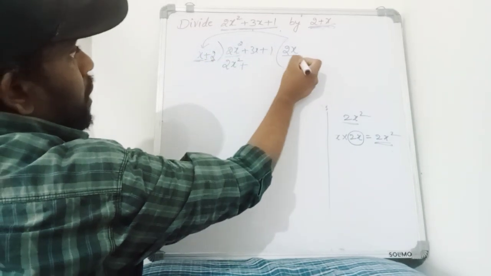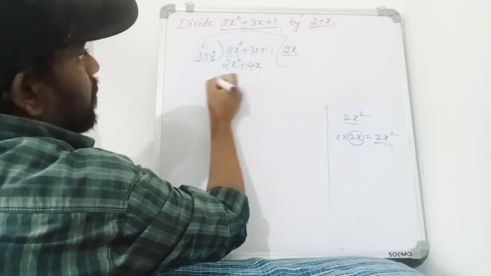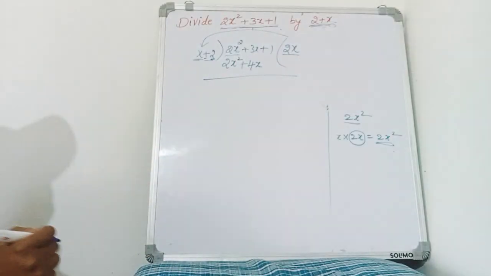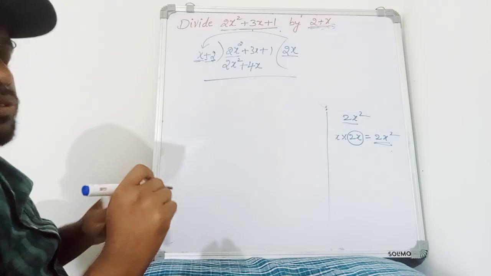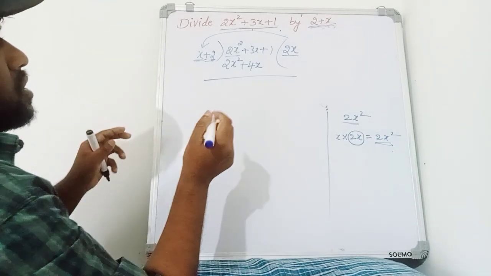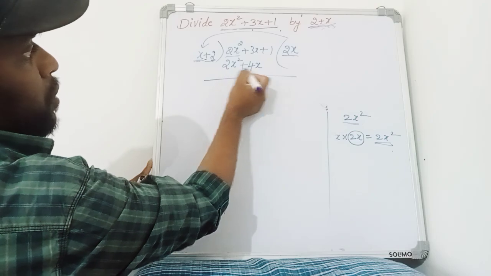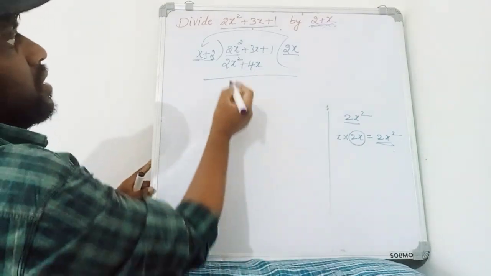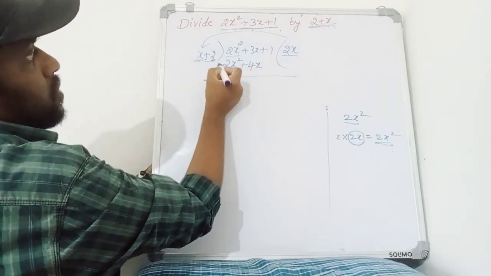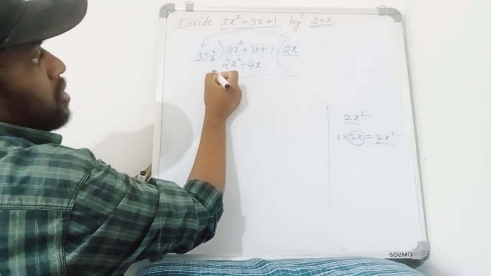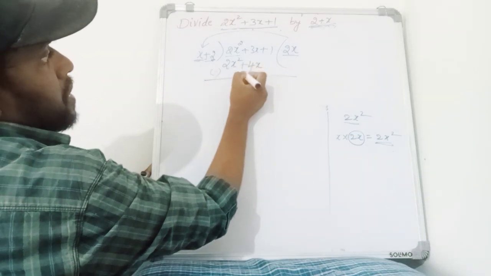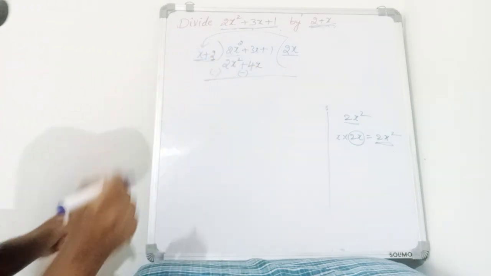This 2 into 2x we will get 4x. Now we have to do subtraction. When you do subtraction, we have to change the signs of the polynomial which is going to get subtracted. Here plus is there, so when we change plus, it will become minus. Here plus, it will become minus.